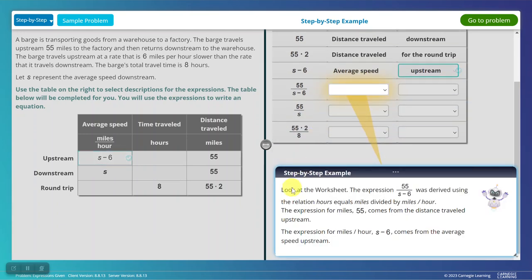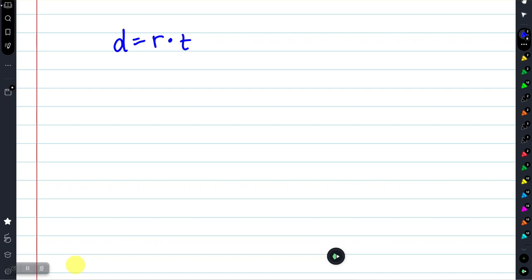Okay. So now look at the worksheet. The expression 55 over S minus 6 was derived using the relation hours equals miles divided by miles per hour. So you got to know the formula like distance equals rate times time. Okay, that's where they're getting this from. Distance equals rate times time.